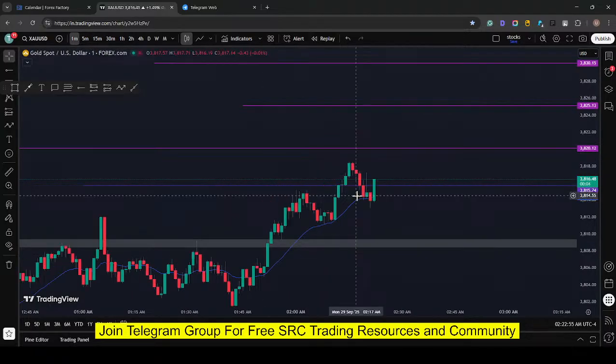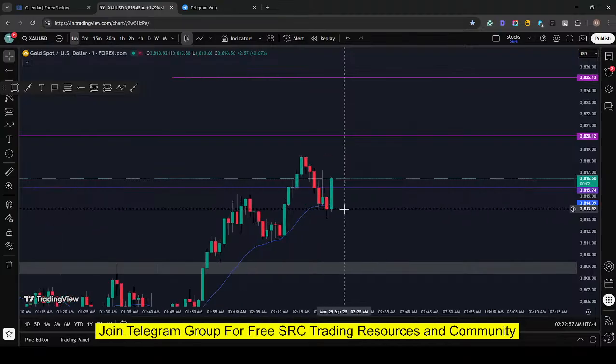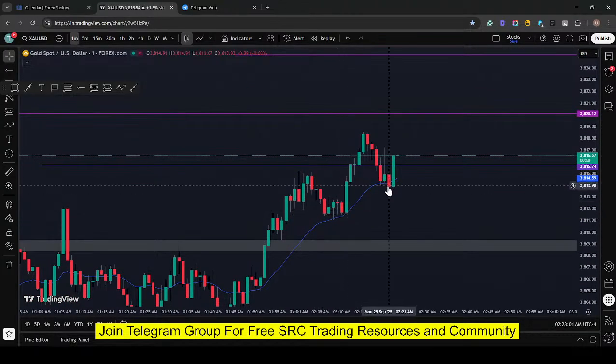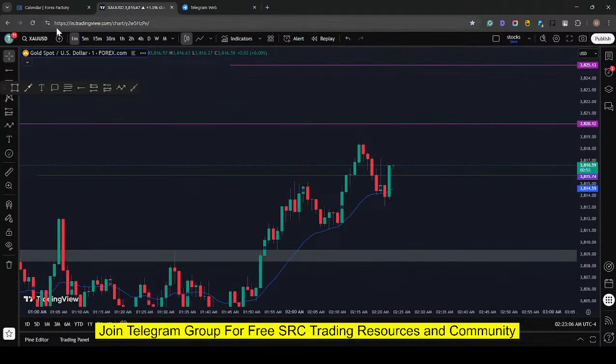See, now it is going good. See, it is a potential higher low. Now price will move back up to create a higher high.